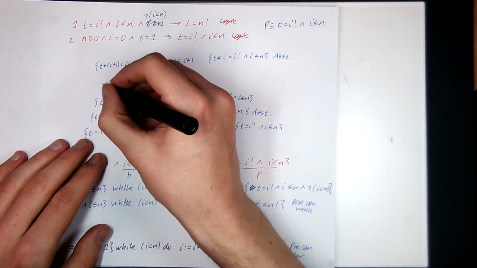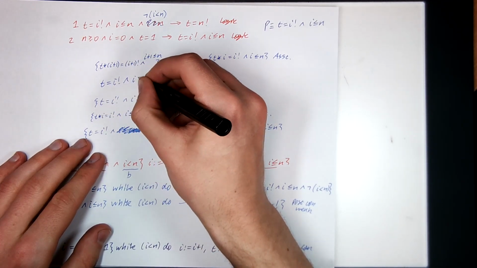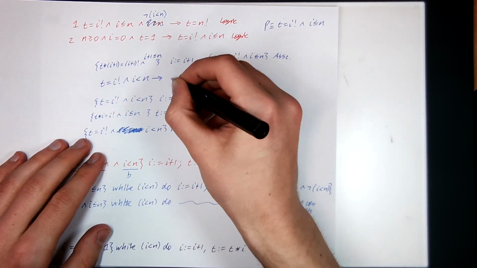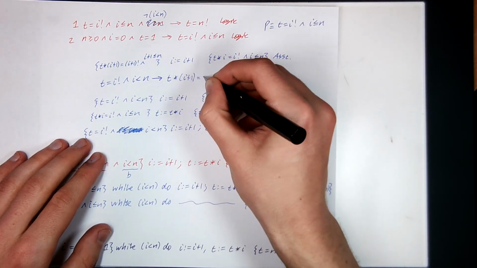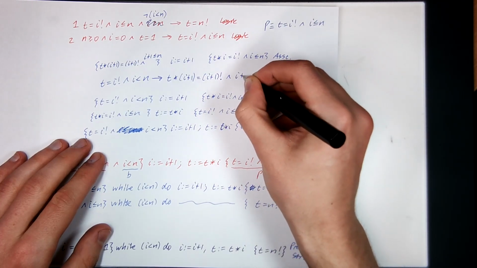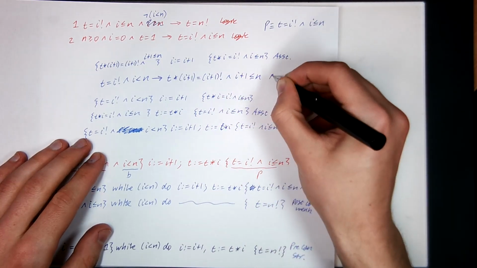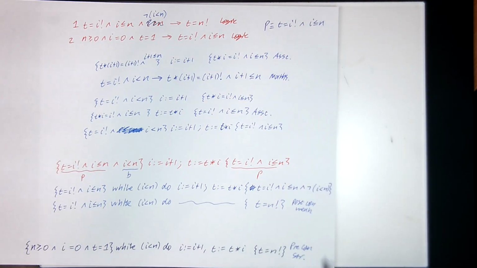That's good. So we've got if t is equal to i factorial and i is strictly less than n, that implies t times i plus 1 is equal to (i plus 1) factorial, and i plus 1 is less than or equal to n by maths. Okay, now I can fill in all the gaps on the line numbers because my proof is done.